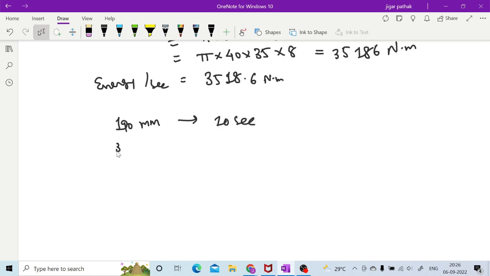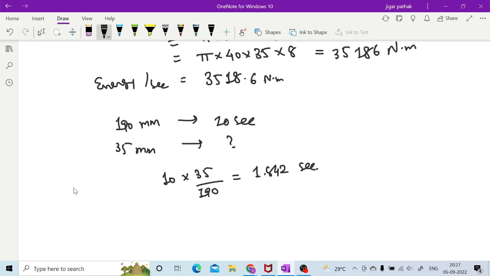So 35 mm is the length which you are shearing. How much time will be required for this 35 mm? Time required is 10 into 35 by 190, which is equal to 1.842 second, right?